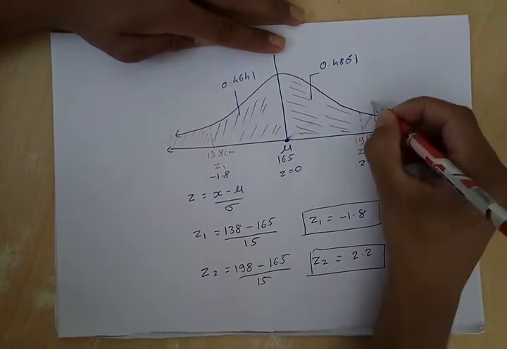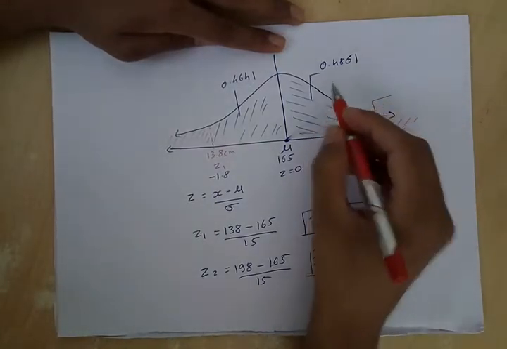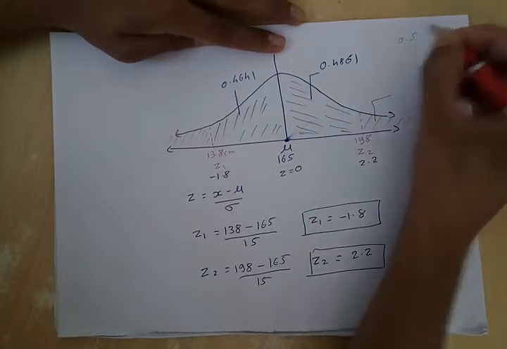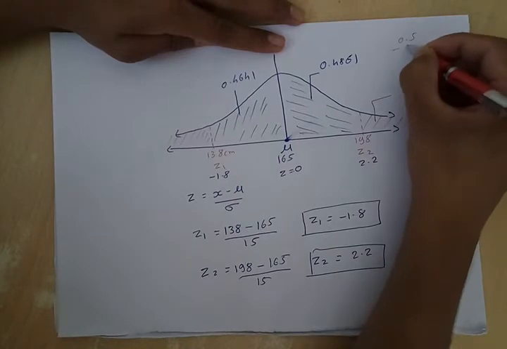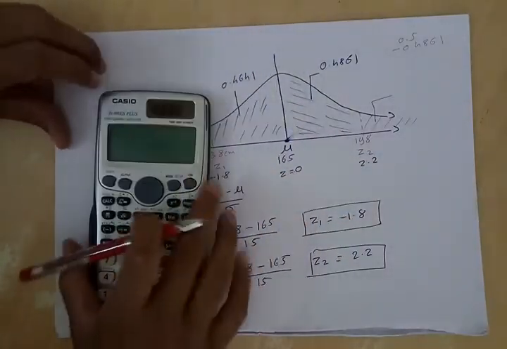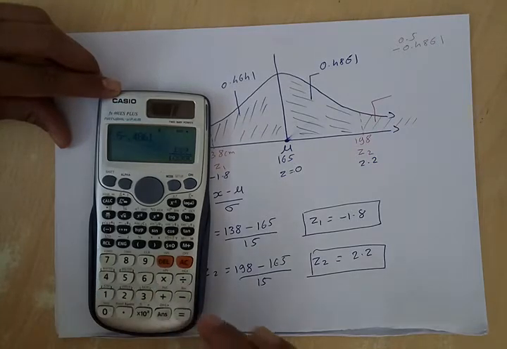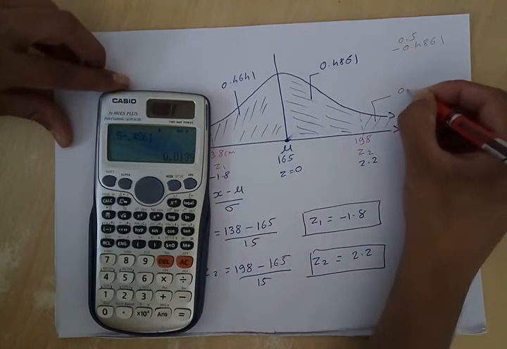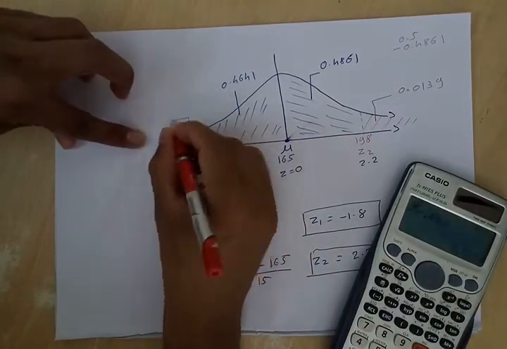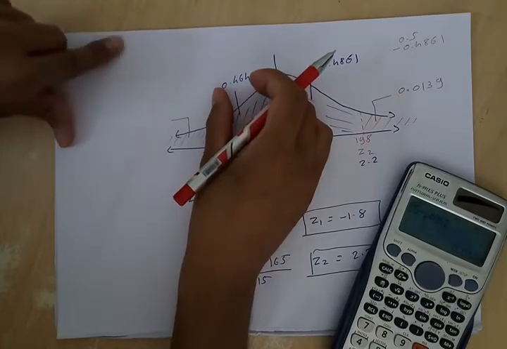So in order to get this red area, that is height greater than 198, we have to subtract this value from 0.5. So 0.5 minus 0.4861 will be 0.0139.